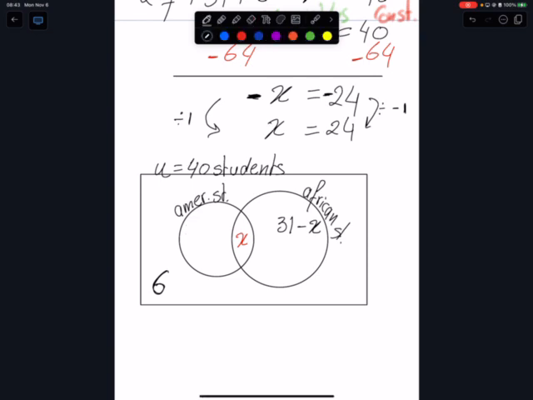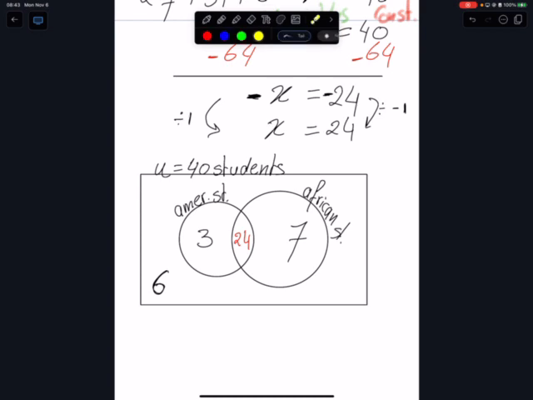So 27 subtract 24, 3. Here you have the 24. 31 subtract 24. 7.